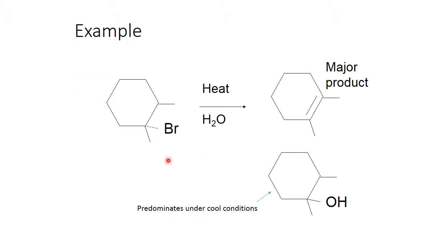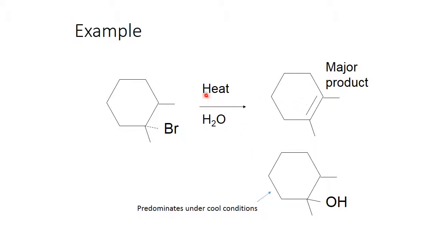Here's an example. Here is a tertiary halide. There's a protic solvent. Of course, it has to be SN1 and not SN2. But there's no base here, so it can't be E2. So we're trying to say, is it going to be SN1 or E1? Well, we looked and we see there's heat, so we know the alkene's going to form.